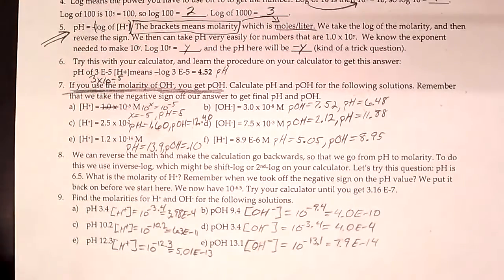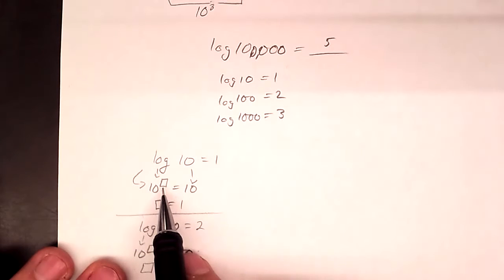Now, previously I said that pH is really the exponent on 10. When we take log, we're solving for the exponent. Remember, I kept saying what's in the box, and the box is an exponent. So when we have pH, what we have is the exponent on 10. Except remember, we changed the sign.